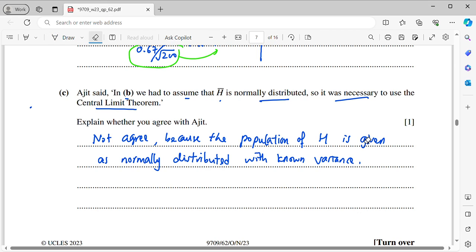So with known variance, basically we do not need to refer to the central limit theorem. Unless the variance or the distribution is not given and the n is large, only then do we apply the central limit theorem. Okay, so this is the explanation.